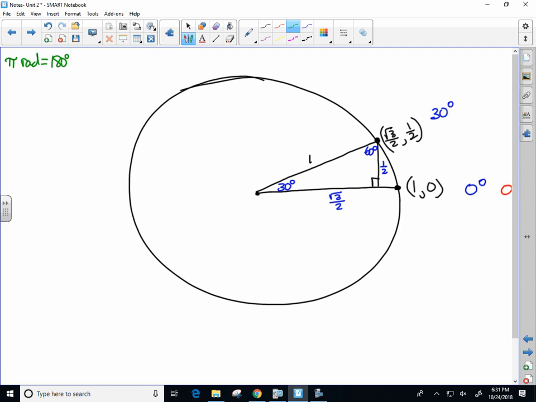So basically, if I took a piece of string, for example, and stretched it out to the length connecting the center of the circle and the circumference, so one length of the radius, and then just wrapped it around the edge of the circle, I have an arc length. If I saw how many times those arc lengths went into the total of the circumference, then I would know what 360 degrees is equivalent to in radians.